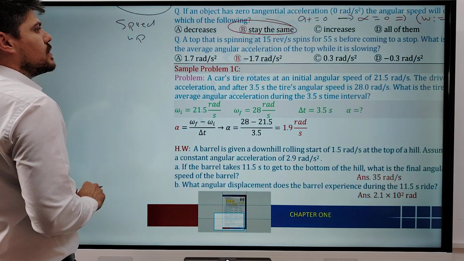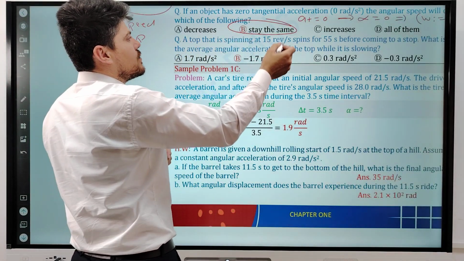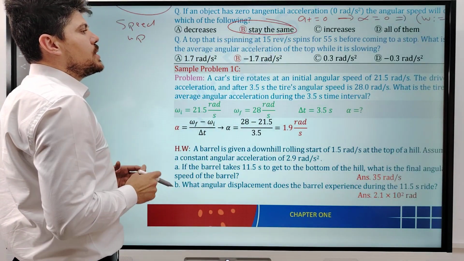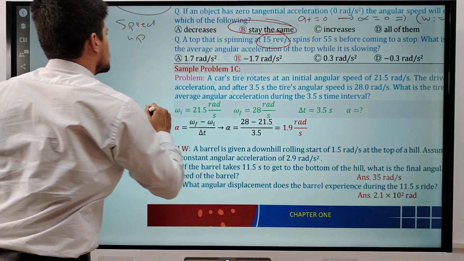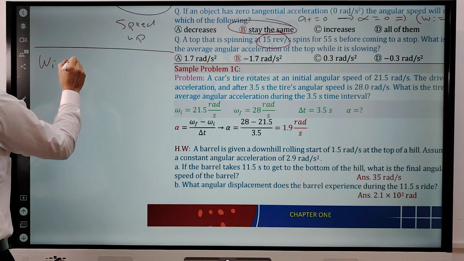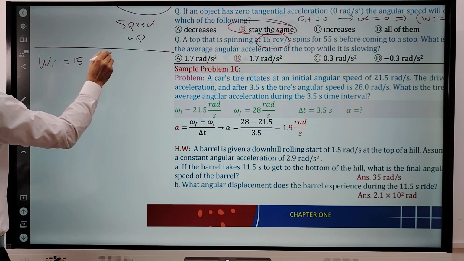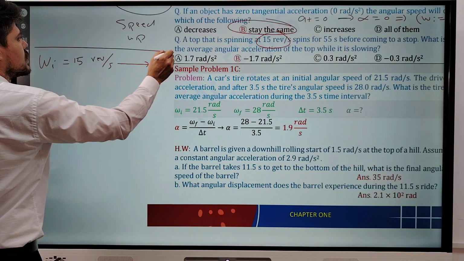A top that is spinning at 50 rev per second spins for 55 seconds before coming to a stop. So what is this? This is omega initial. Omega initial was given as 50 rev per second. So we have to convert to rad.